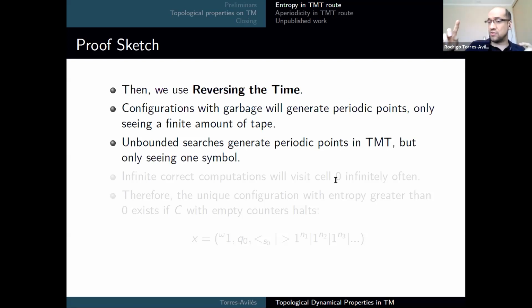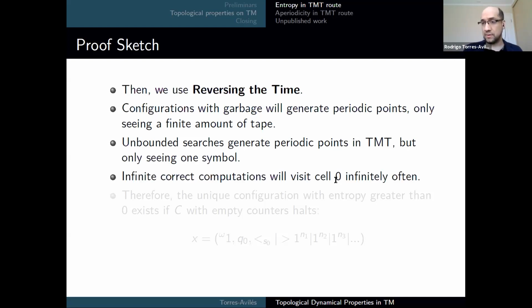When we search for a special symbol and we don't find it, we get a weakly or shifted periodic point, seeing just one kind of symbol, the symbol 1, so it's not much variety in the language. We can have infinite computation of machine C, so we have to return indefinitely to position 0, where the left border of the simulated configuration is.